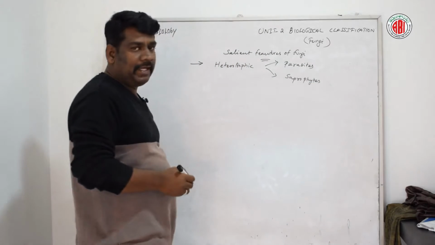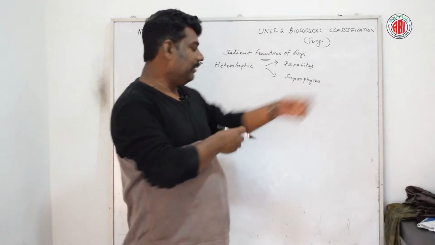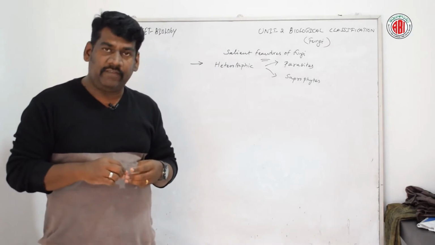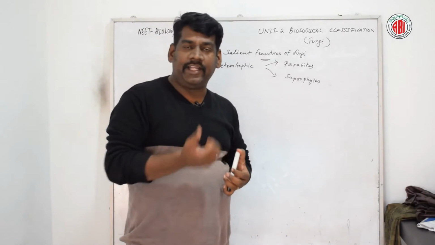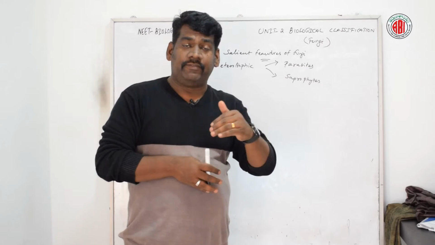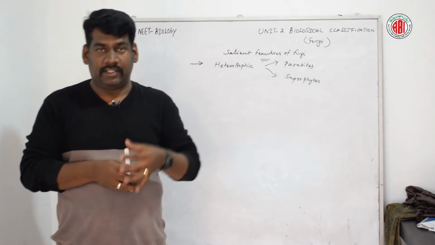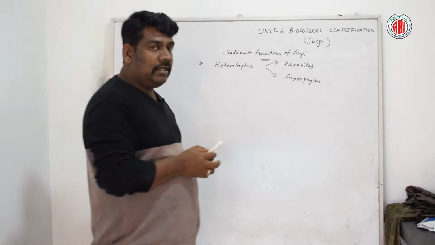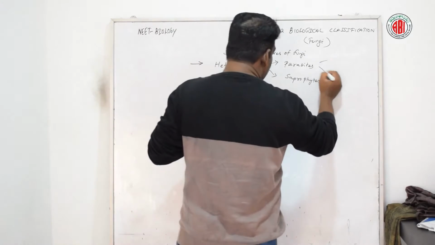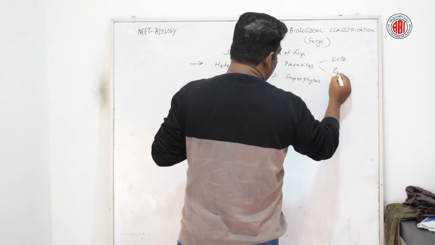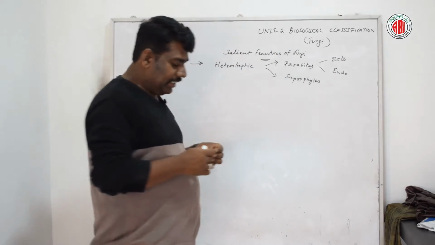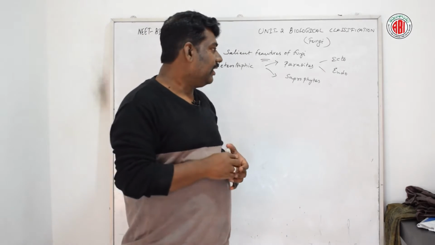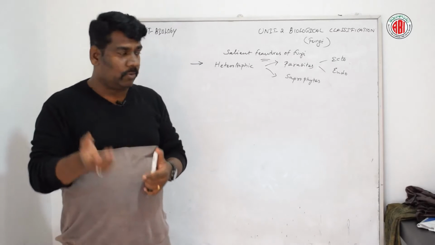Parasites are organisms that directly or indirectly get nutrition from a host organism, living on the surface or inside the body. Based on that, parasites are of two types, ecto and endo. Ectoparasitic organisms survive on the surface of the body, and endoparasitic organisms survive inside the body of the host organism.